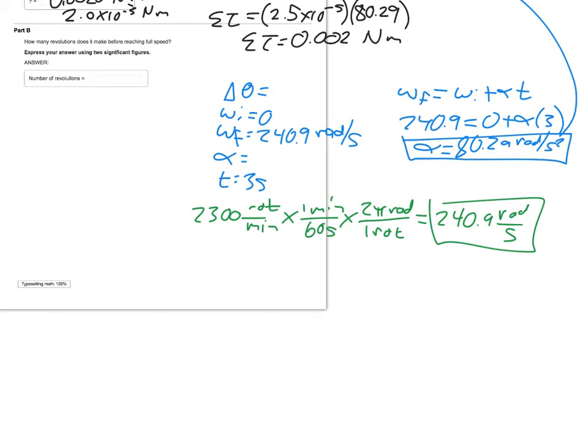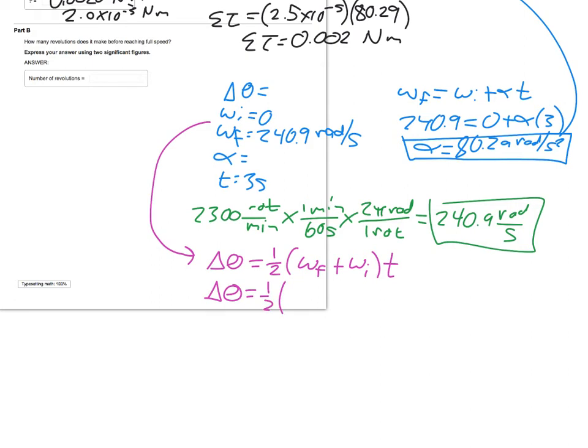For the second part, I want to know how many revolutions it makes before reaching full speed. So I'm going to use my angular kinematic setup once again, and I'm just going to solve for delta theta. I really could use any equation, but I'm going to use this one here. So I get that delta theta is 1/2 times my final angular speed, 240.9, times my time, which is 3.